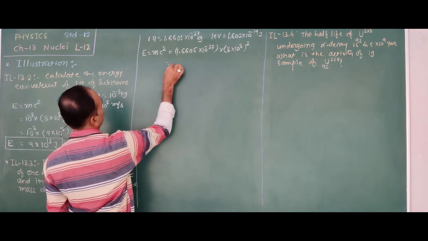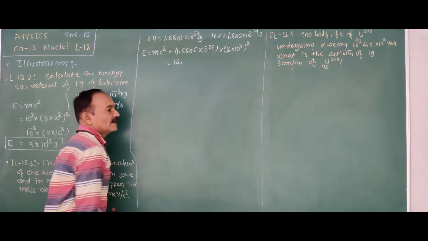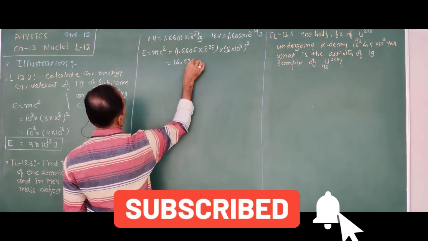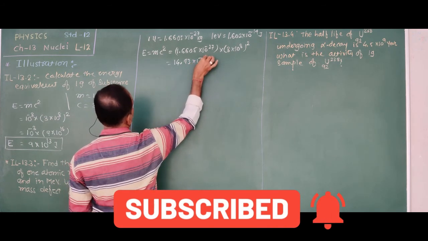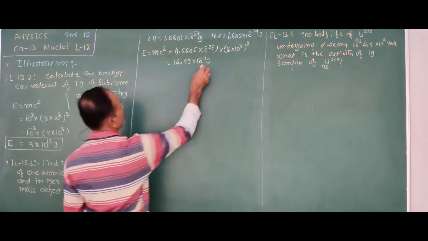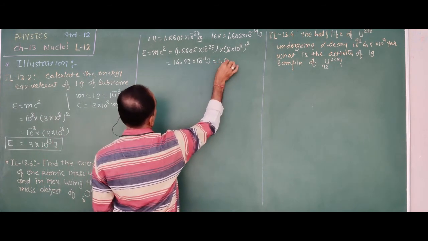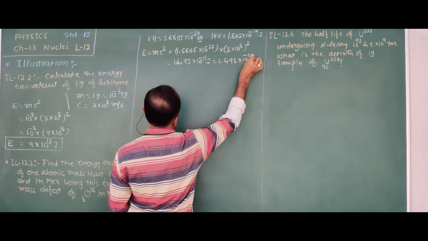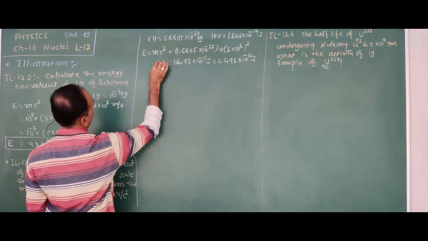Thus we obtain 14.93 into 10 raised to minus 11 joule, or in other words, 1.493 into 10 raised to minus 10 joule. That is the energy in joule.